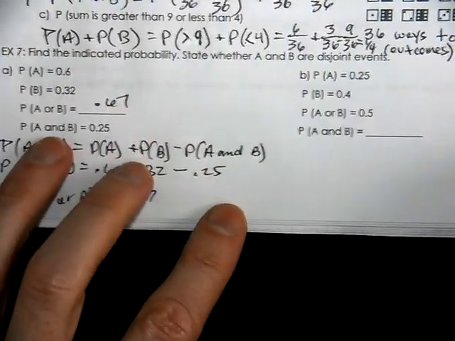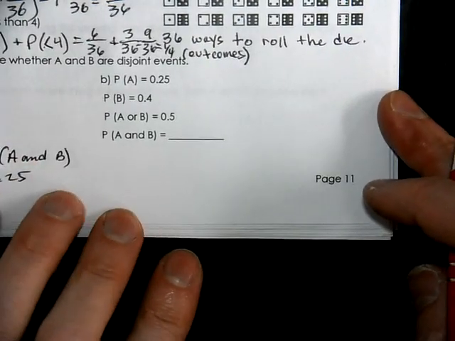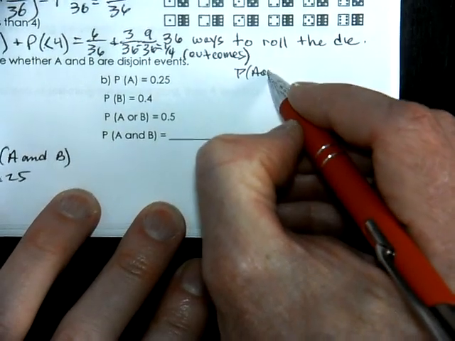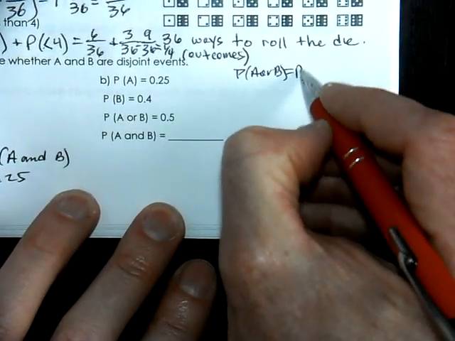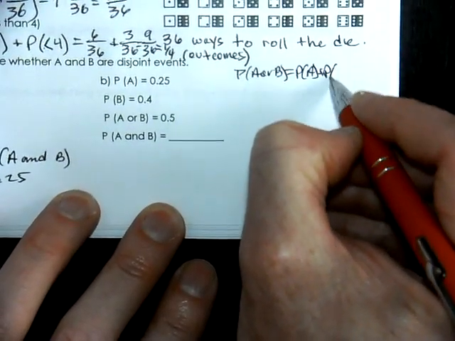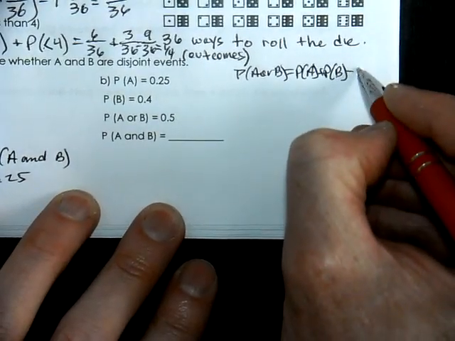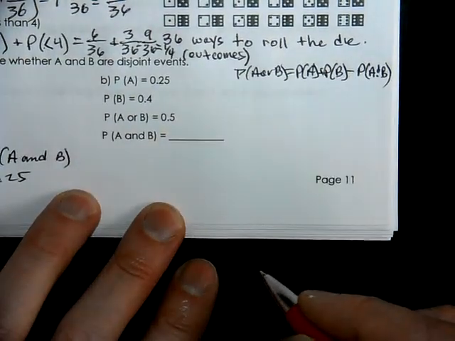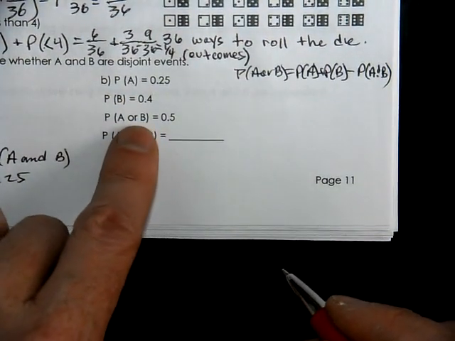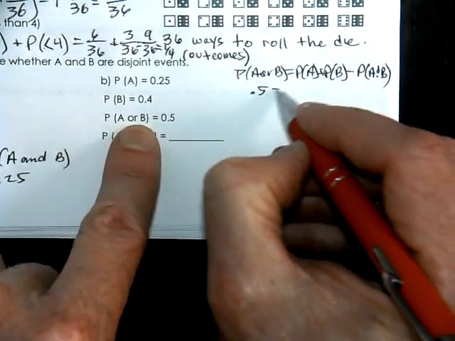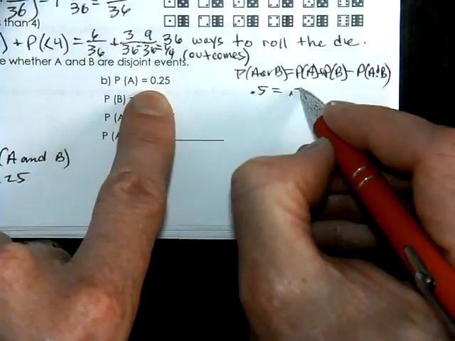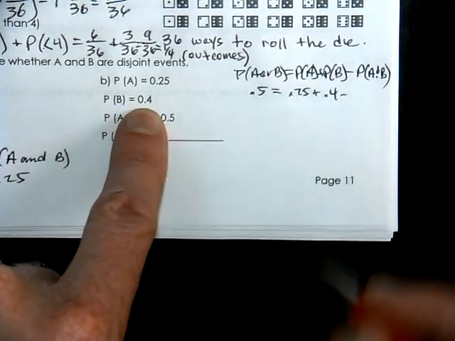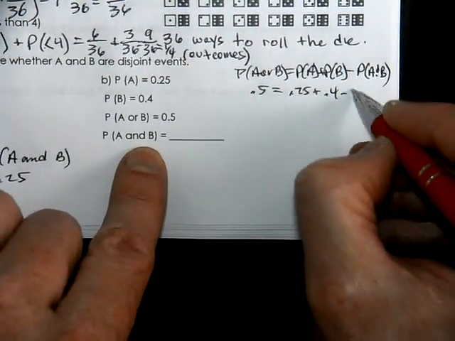And then our last one over here. This is the probability of A or B equals the probability of A plus the probability of B minus the probability of A and B. OR is 0.5, A is 0.25, B is 0.4, and we're going to solve for the AND.